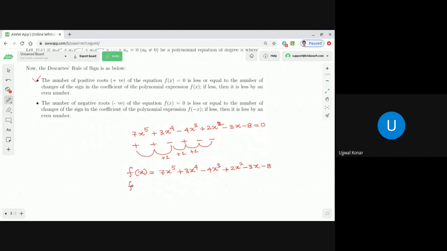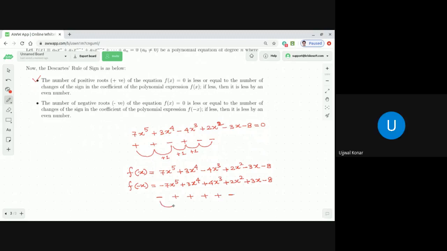So first we'll find f(-x). Dear students, f(-x) will be minus 7x^5 plus 3x^4 plus 4x^3 plus 2x^2 plus 3x minus 8. Now let us see what are the sign changes in f(-x). Sign of minus 7 is minus, then plus 3 is plus, then plus 4 is plus, then plus 2 is plus, then plus 3 is plus, then minus 8 is minus.